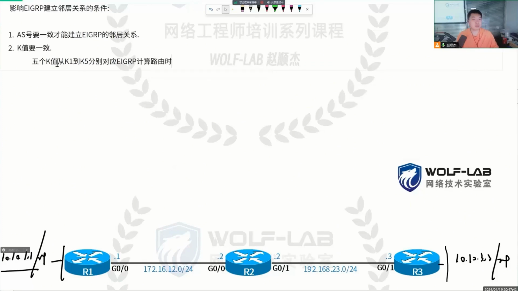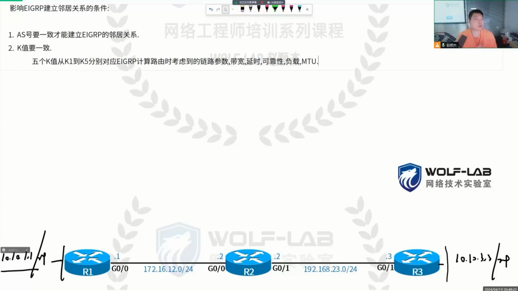So the K value mainly involves when we calculate EIGRP routing entries. There are 5 K values, K1 to K5, which correspond to the link's parameters that EIGRP considers in calculation: bandwidth, delay, reliability, load, MTU.